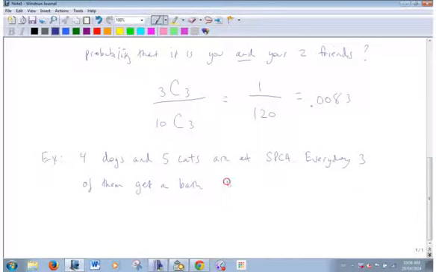At random, I'm not going to write it. What is the probability that more cats than dogs get a bath?